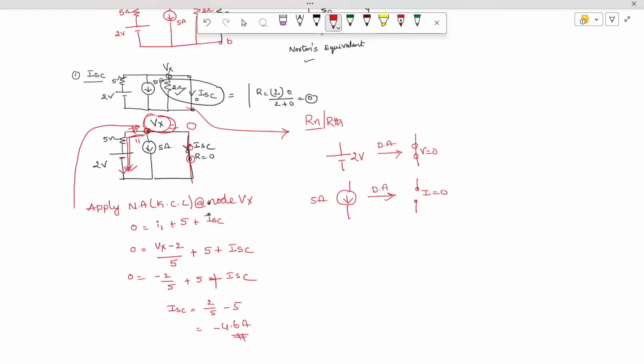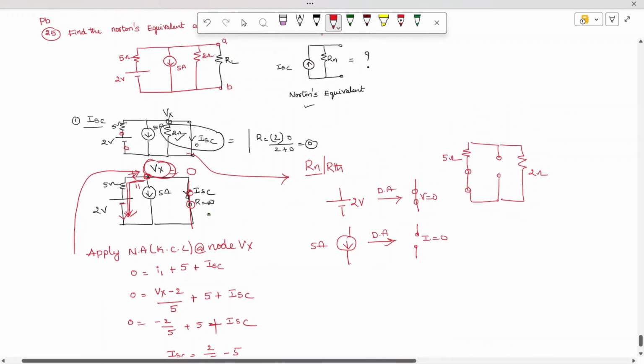Automatically the current is zero. So the resultant I'm going to draw here. Here I have a 5 ohm resistor, and this is the 2 volt source, which will act like a short circuit, and here it is open, and again you have a 2 ohm resistor.